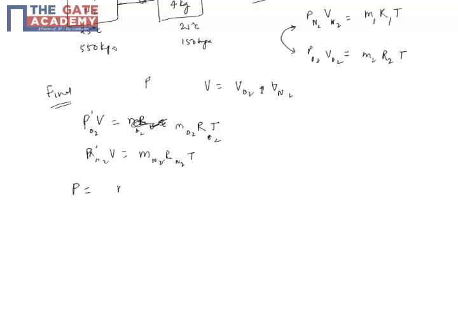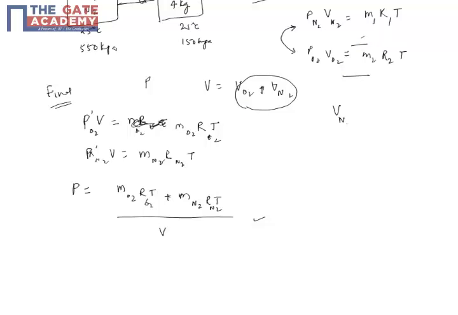That is nothing but mO2 R T plus mN2 R T, with the respective R of O2 and R of N2, divided by the total volume. We know everything, but we don't know the total volume here. For the total volume we need to find the individual volumes, which can be found from these equations.